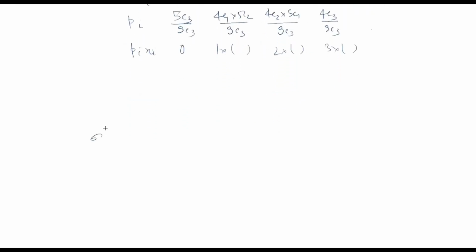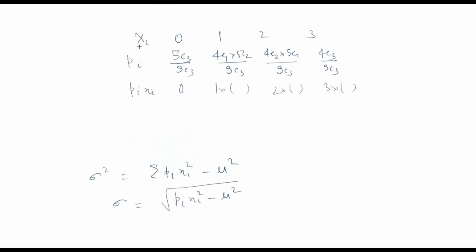For sigma square, the formula is sigma pi xi square minus mu square, and then the standard deviation would be the square root of that. So I have to find this part. Until now I've just done xi, I've not done xi square. So xi square is going to be 0, 1, 4 and 9.